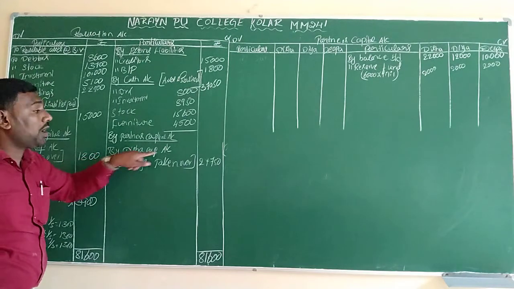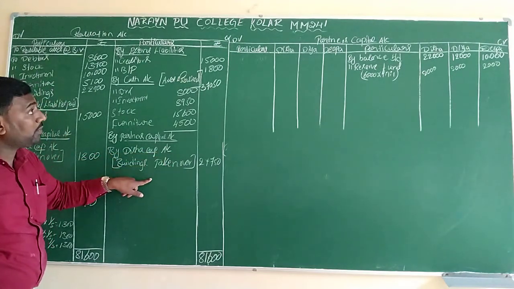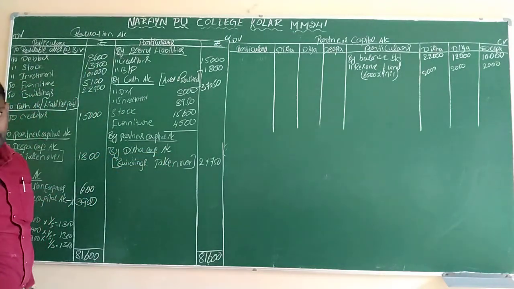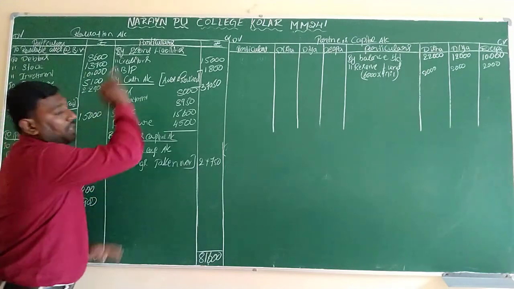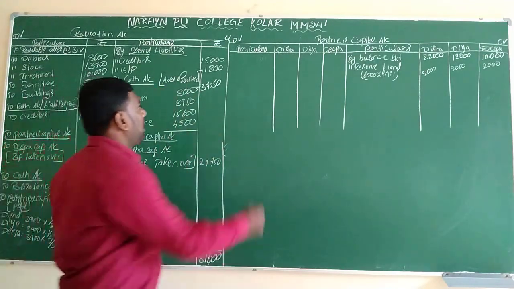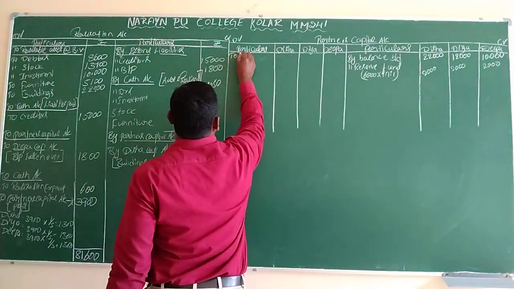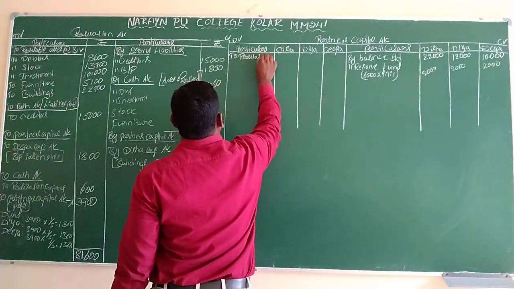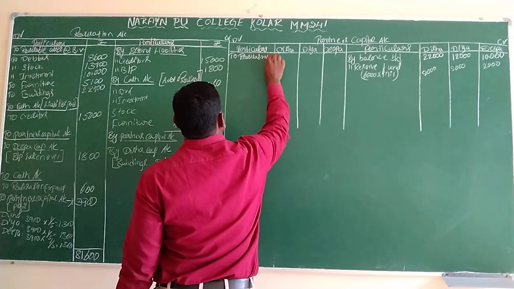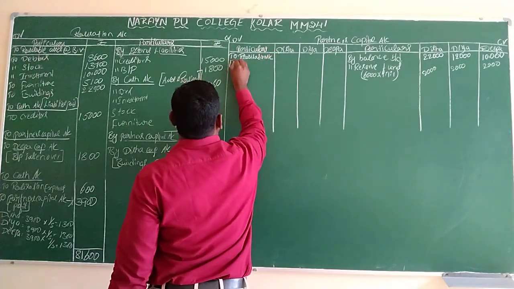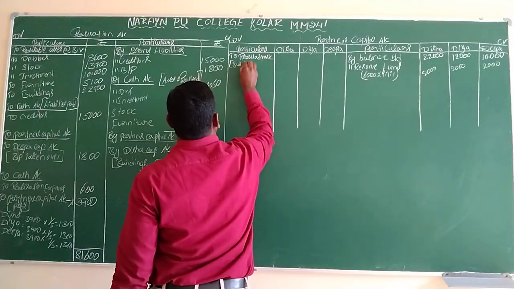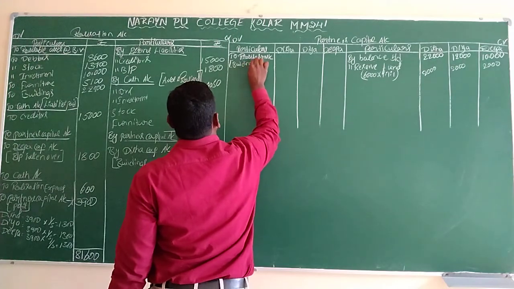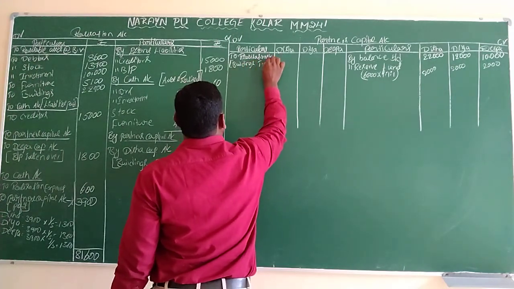Why? By Disha capital account. So where we have to go? Directly to the credit side of this account. So while transferring this, on the credit side of the account, we will write by realization account. In bracket, buildings taken over.